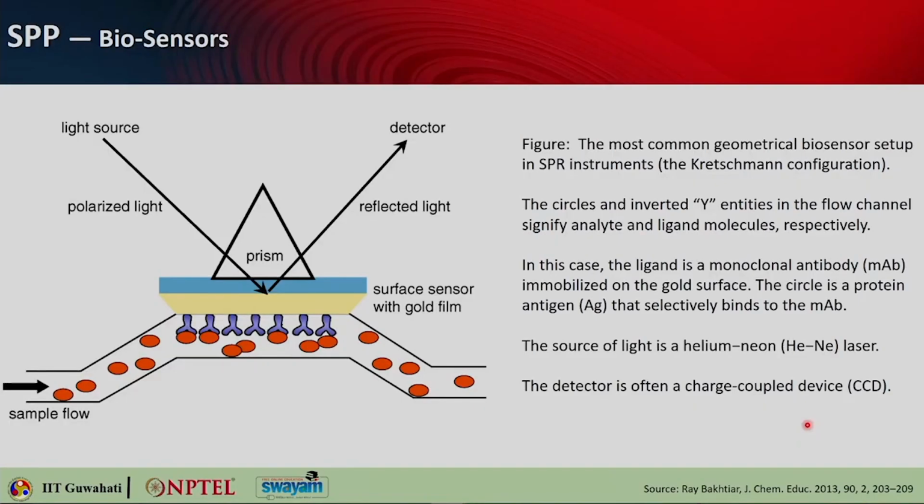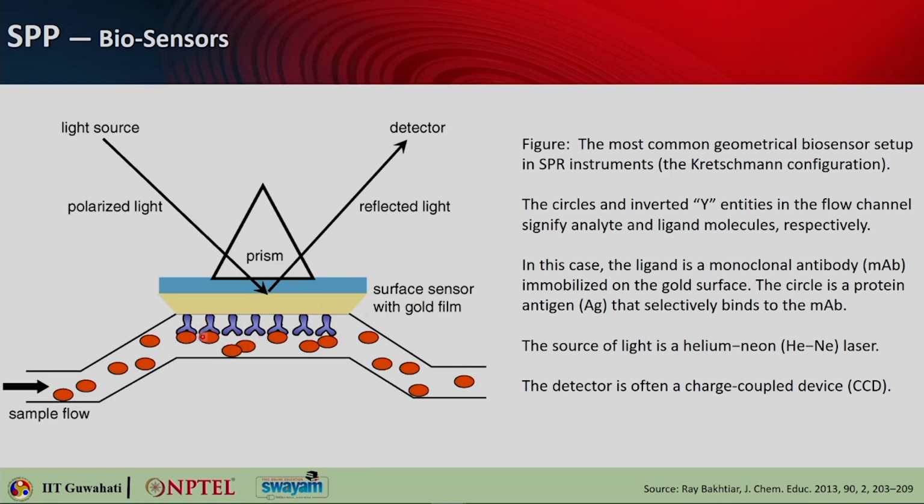Here it is shown in a better configured manner. You look at the circles here, they are basically the analyte, and the Y entities that you see are basically the ligands. This is again the same kind of arrangement, just shown in a top down manner. You can have a microfluidic channel like this, okay, and you can let these analytes move, and whenever they get bound here, this is basically the gold film which has this surface sensor.